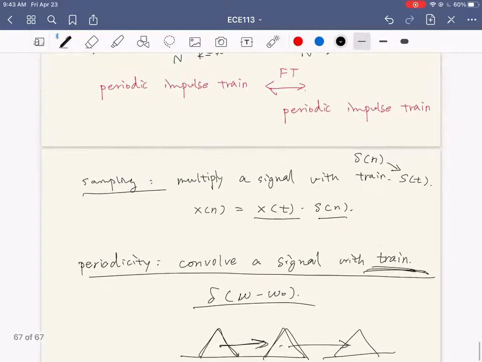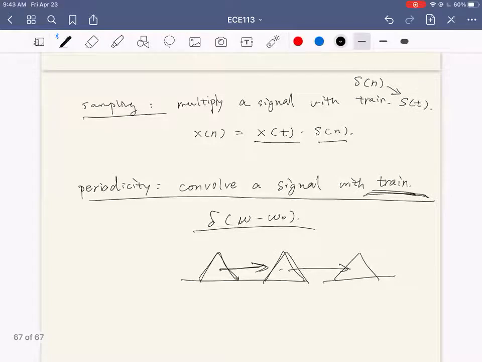So the idea behind the concept that sampling produces periodicity in the other domain is that when you multiply a signal with an impulse train in one domain, you convolve the signal with the impulse train in the other domain. Multiplying with the train results in sampling, and convolution with an impulse train produces periodicity.